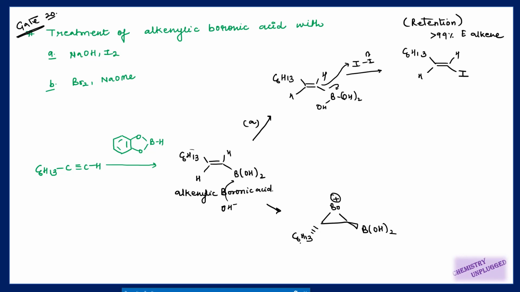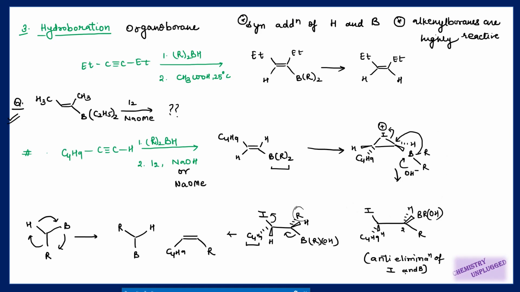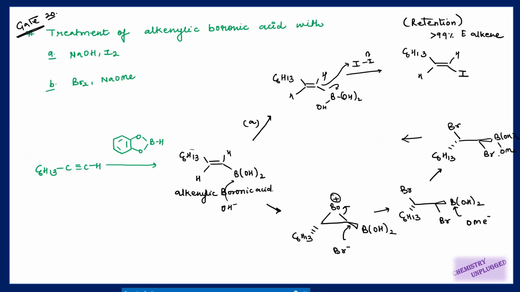In the next step, one more Br will attack on this carbon and this bond will shift here. There is anti-addition of these two bromines. In the next step, sodium methoxide will attack on this boron, but there should be anti-elimination of this boron and this bromine in this step. We have seen this step before, anti-elimination of these two groups, so the same step will take place.